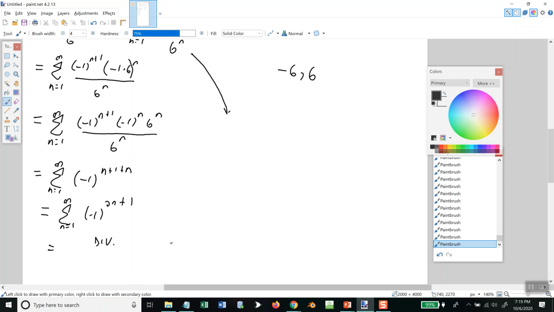Well, if I just think about it, which isn't always good: if I put 1 in there, 2 times 1 is 2, plus 1 is 3, negative 1 is negative 1. And if you put in 2, 2 times 2 is 4, plus 1 is 5, negative 1 to the 5th is negative 1. So you just keep adding negative 1 over and over.